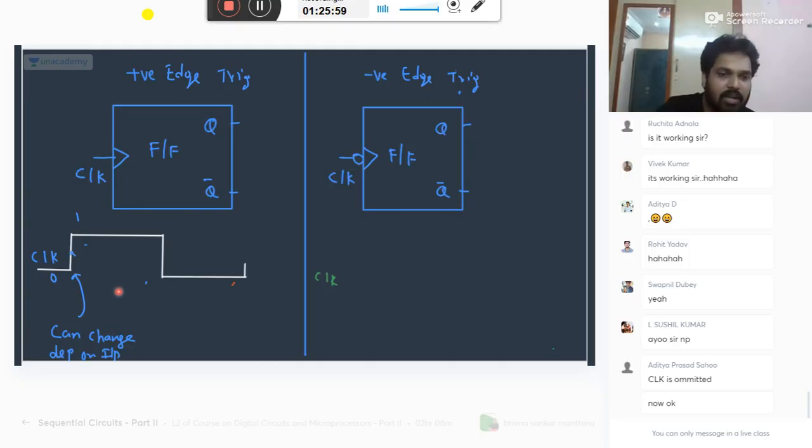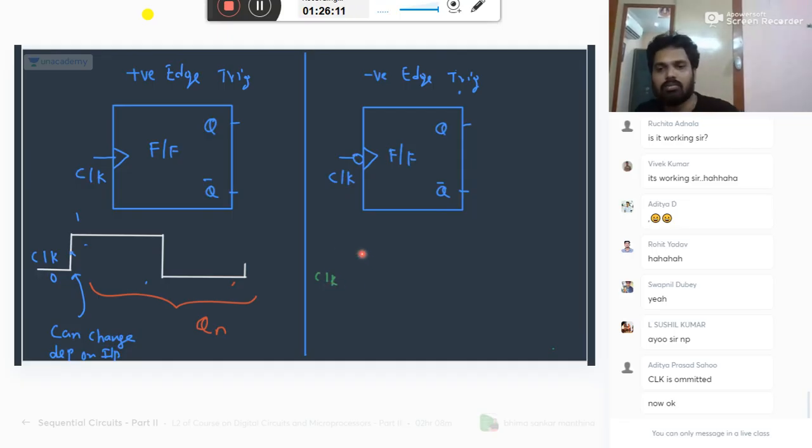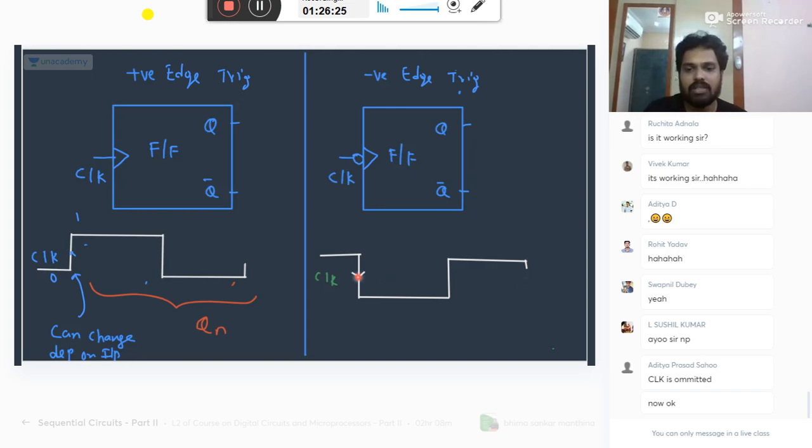But for the remaining period, whatever you have, it will be in the no change condition. Similarly here, so that eraser helped to save so much time now, you understand? Okay. So when clock is changing from 1 to 0 during this period, your output may change.